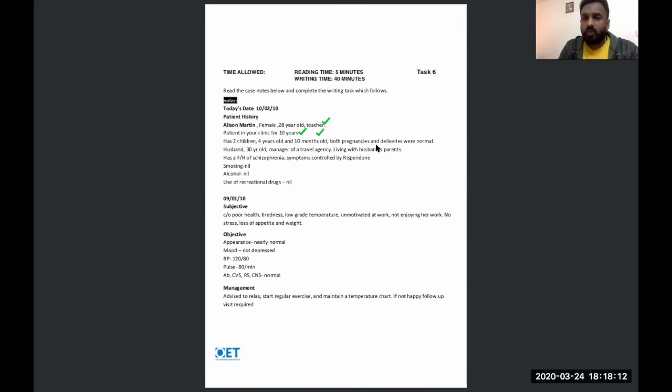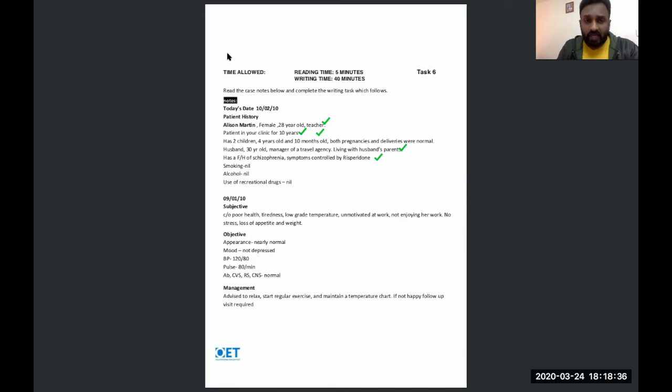This we will take. Both pregnancies and deliveries were normal, not required because we are writing to a psychiatrist. It doesn't have any reference. Husband 30 years old, not that required. She lives with her husband's parents. That is important information. Other information, even if you don't write, it's completely fine. Patient has a family history of schizophrenia, with symptoms controlled by Risperdal. Yes, it is important information because you're writing to a psychiatrist.